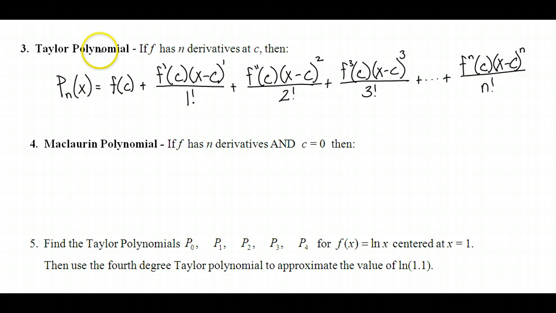The difference here between a Taylor polynomial and a Maclaurin polynomial: for a Taylor polynomial, our function has n derivatives at c, where c is going to be some number other than 0.